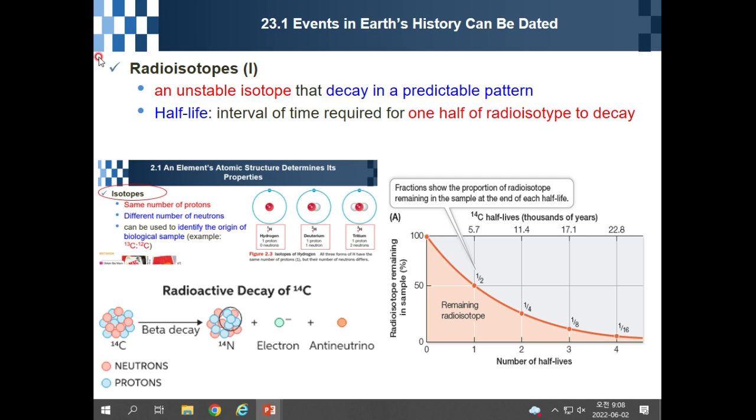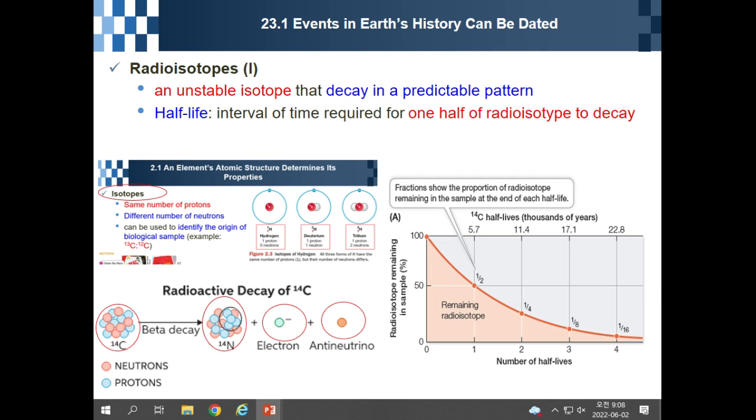So what is a radioisotope? A radioisotope is an unstable isotope that decays in a predictable pattern. For example, C-14 changes to N-14, and after that they also emit an electron and an anti-neutrino.